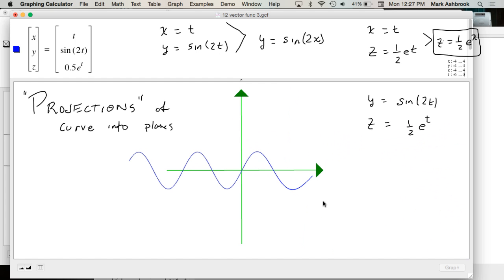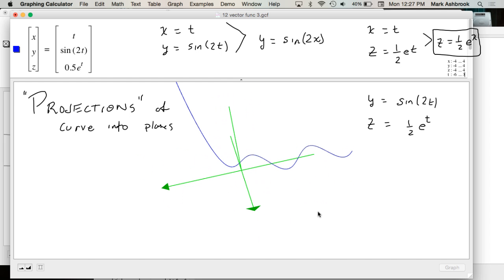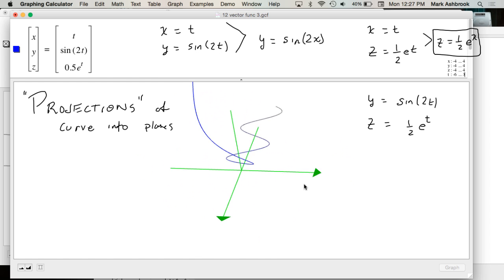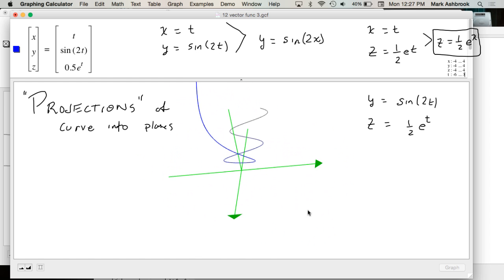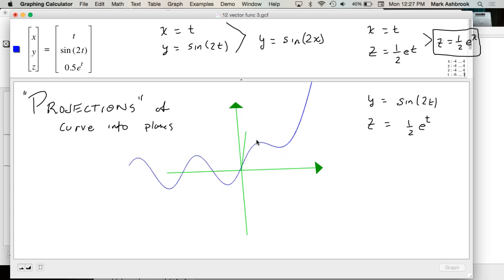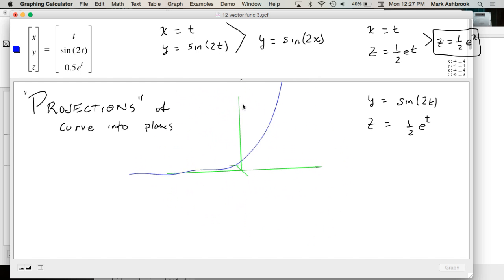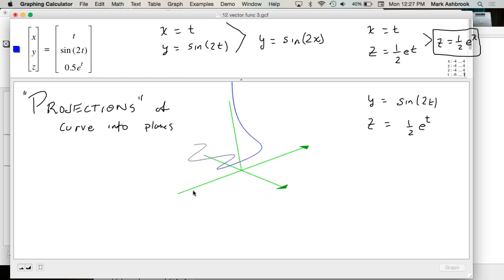All right, and then the projection into the xz plane was this one. No, it was this one. There we go. The projection in the xz plane is z equals 1/2 e to the x, and then the projection in the yz plane was that other, more unfamiliar curve that we saw.